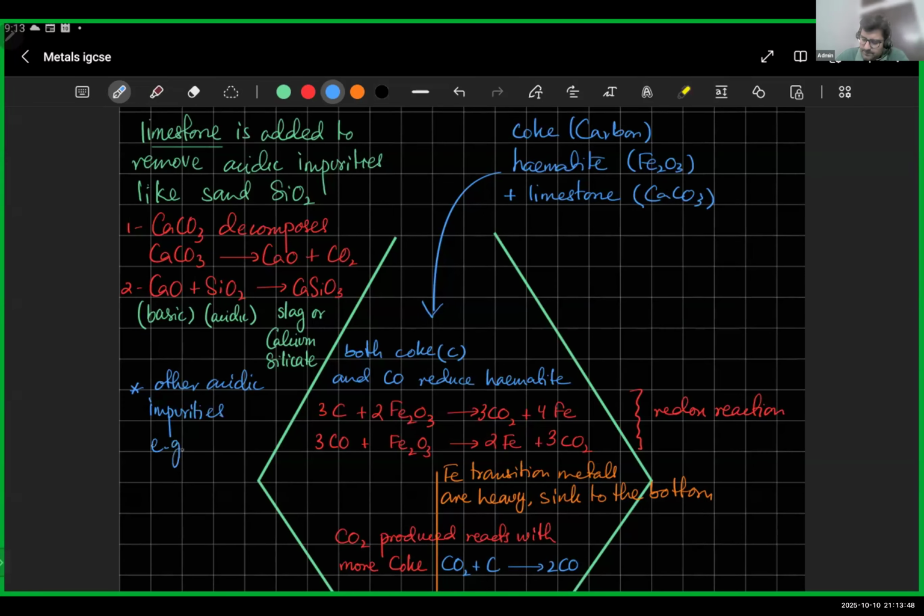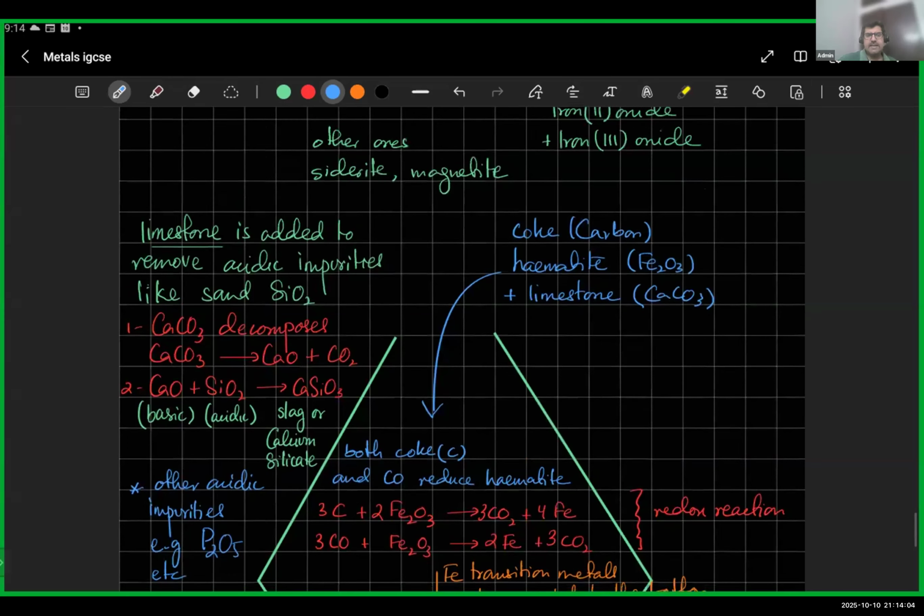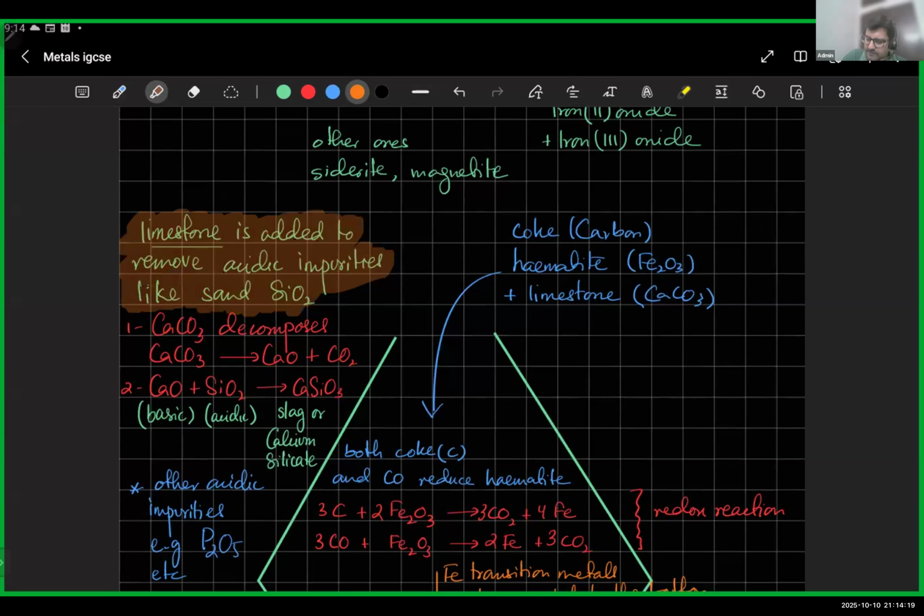They could be P2O5, etc. I mean, other non-metal oxides could also be there, like sand, which is the number one. Okay, so that's the whole thing. The top one, the purpose of limestone, is that it's added to remove the acidic impurities that are there.